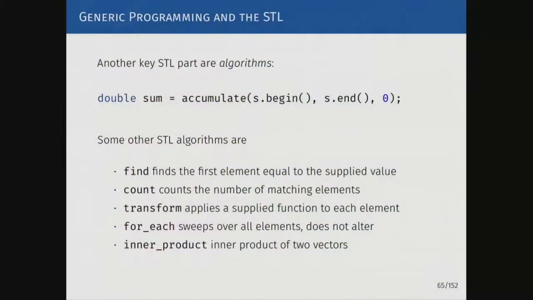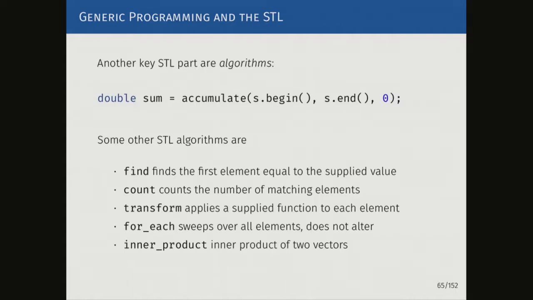So this would be the C++ way, not knowing R at all, how you would calculate the sum of a vector. You may have a vector or a list called s, because it's an STL type that is generic, so that independent of the representation, the functioning is the same.